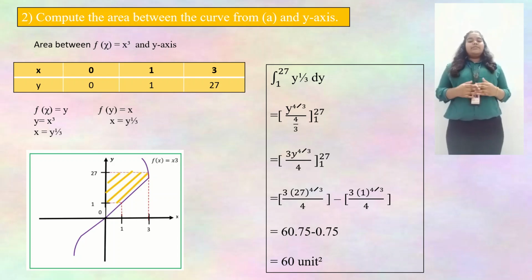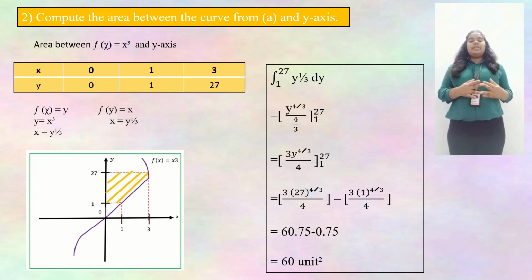Then we must find the function of y, since the question is regarding the area on the y-axis. To find the function of y, we must make x the subject. When you do that, you will get x equals y power of 1 over 3, which is the function of y.